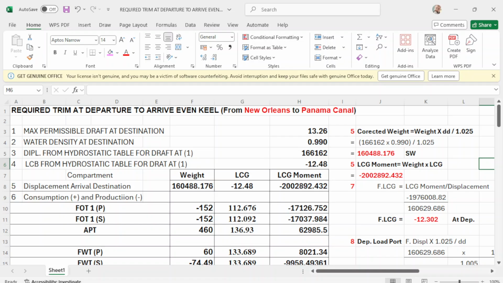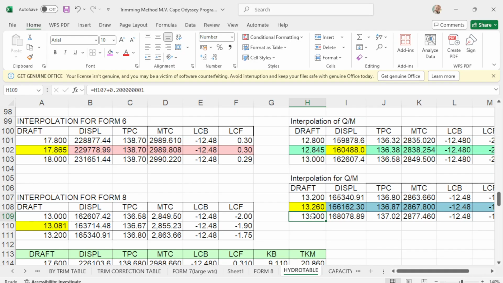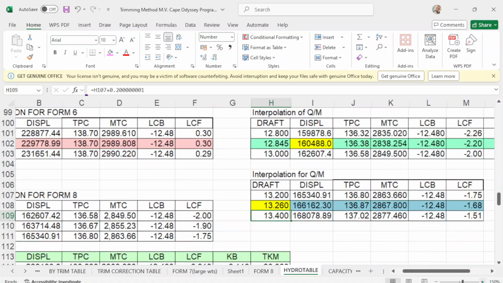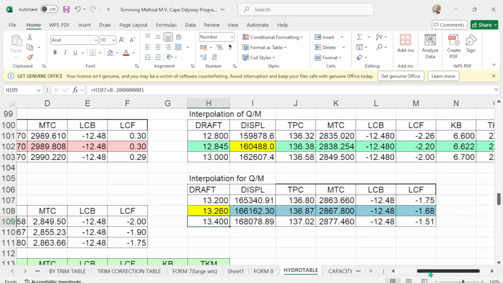Okay, number 4 is what is the LCB at the draft of 13.26. So we go back to the hydrostatic table. At 13.26 the LCB is negative 12.48. Okay, make this a little bigger.